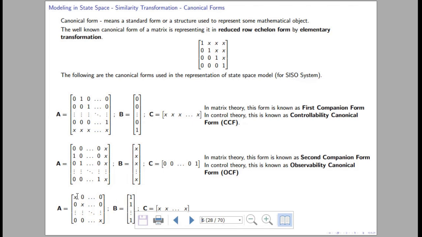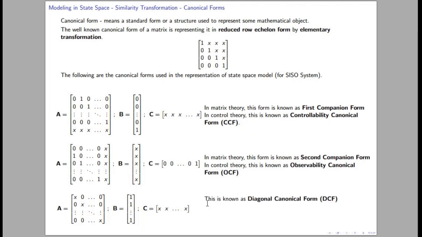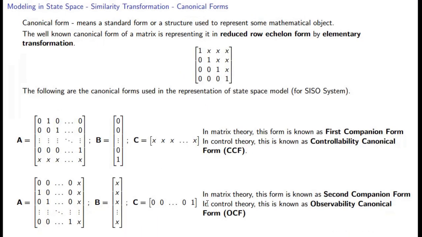Please note that for this to exist, all these diagonal elements should be distinct. The C matrix can be anything. This has an obvious name: diagonal canonical form, DCF in short.